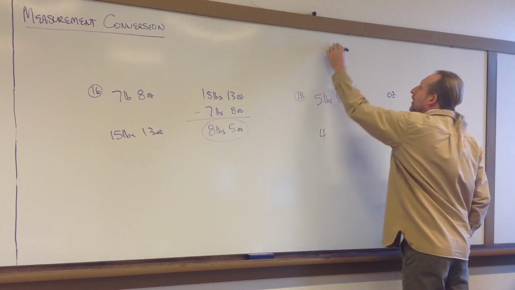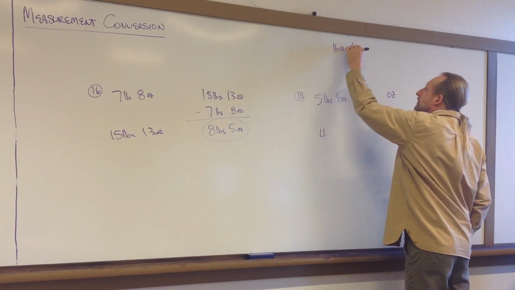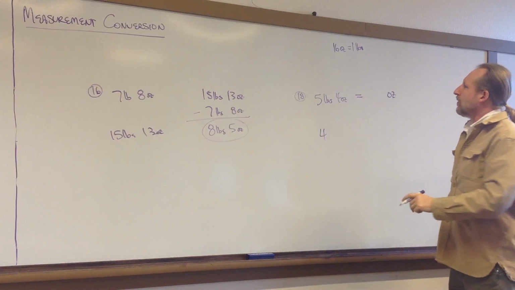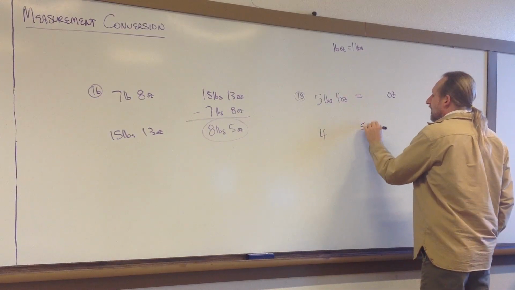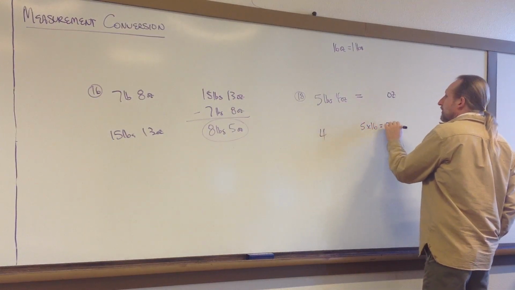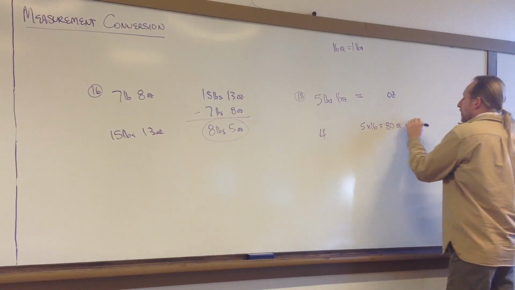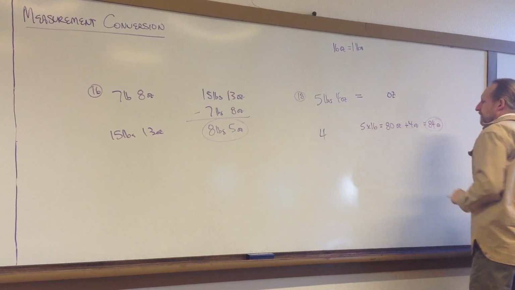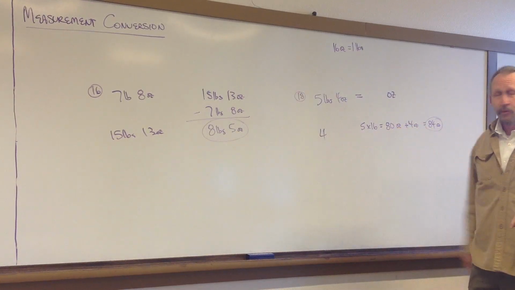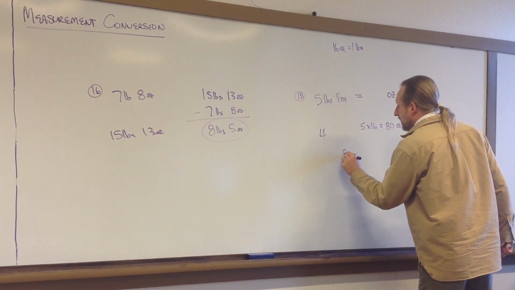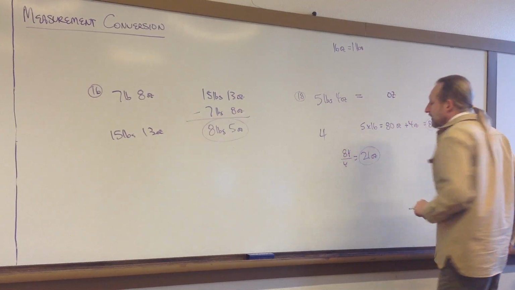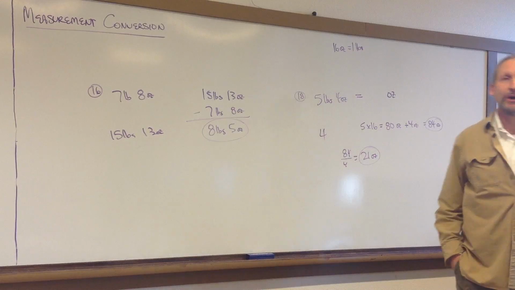Okay? And we know that 16 ounces is 1 pound. So if we do 5 times 16, that's going to be 80 ounces, plus the other 4 is 84 ounces. We want to divide that evenly into 4 containers, and so each container is going to have a weight of 21 ounces.